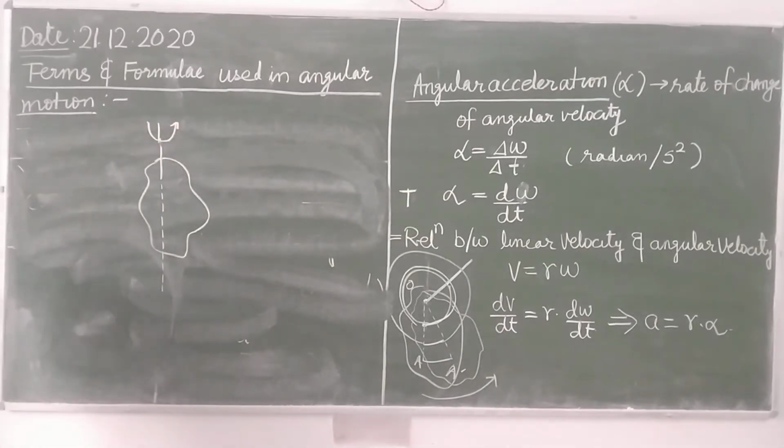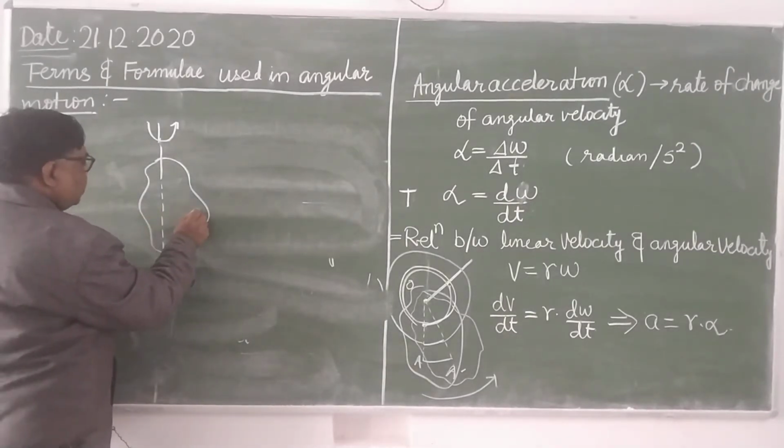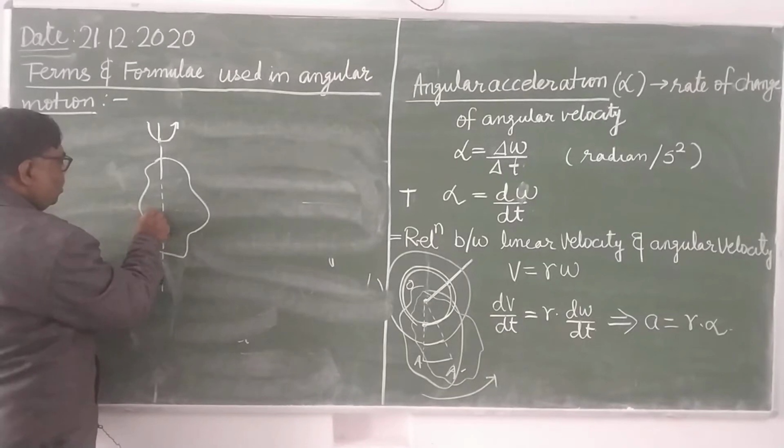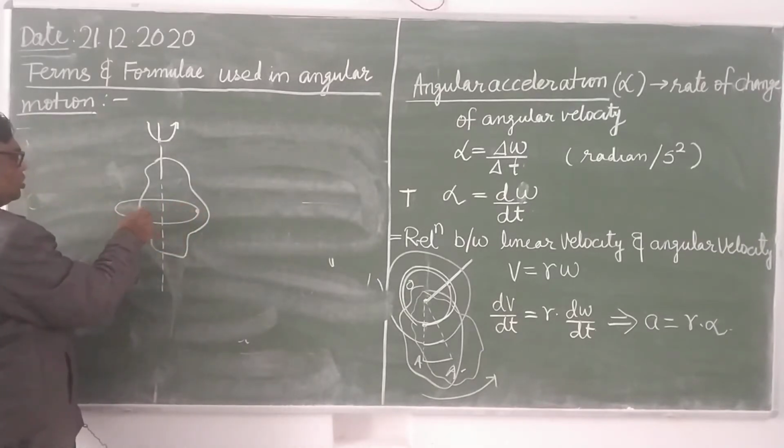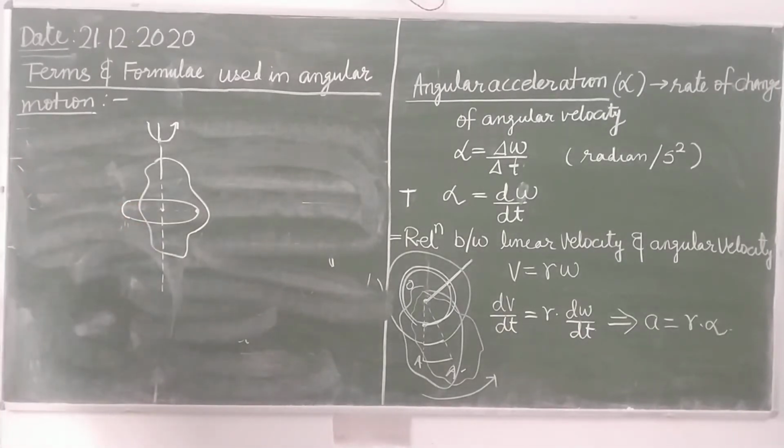Then every particle will describe uniform circular motion. For example, this particle will describe a uniform circular motion whose center will lie at the axis of rotation.